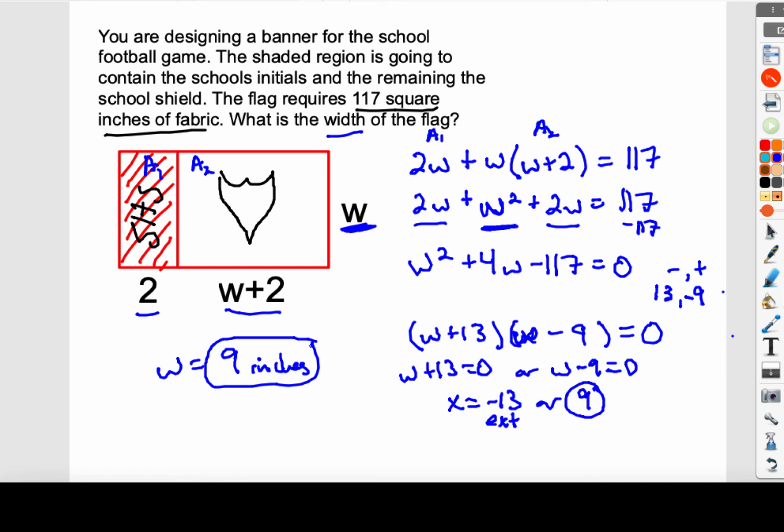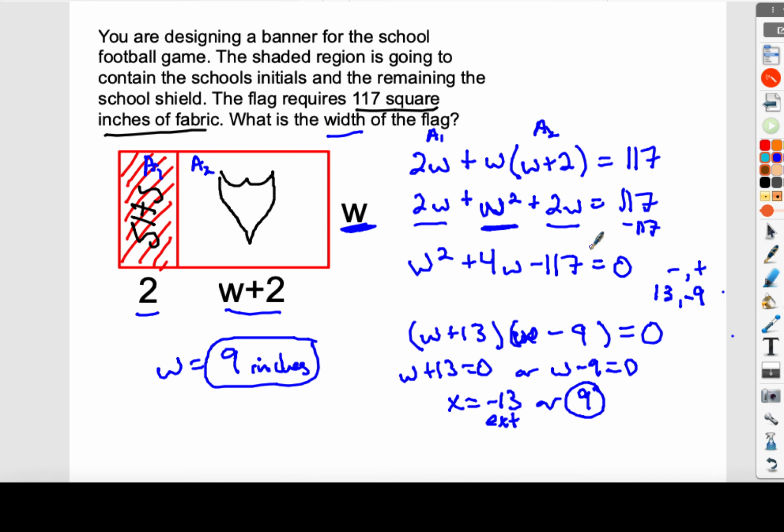A couple of things to remember about that problem. Number one, make sure you set up the problem correctly. If you're adding a couple of areas, make sure you add those areas together and simplify a little bit. And if you see a variable squared, x squared, w squared, whatever squared it might be, solve your equation so that you're equal to 0.